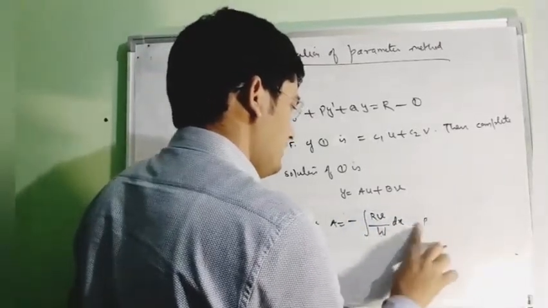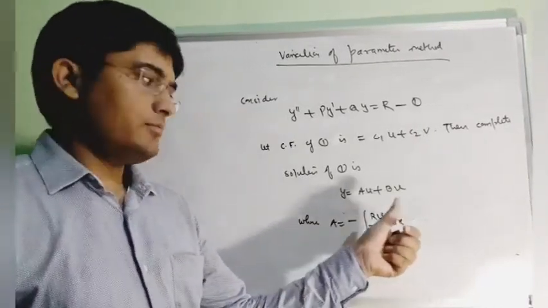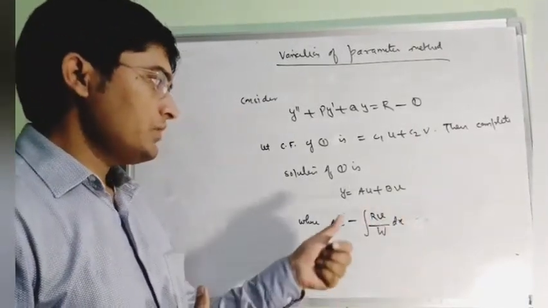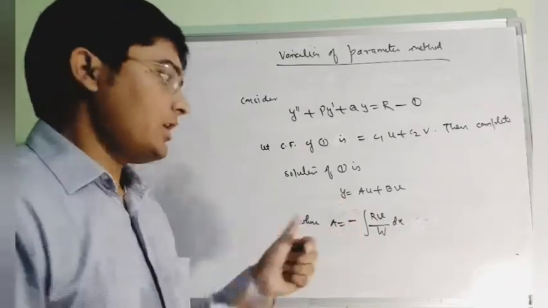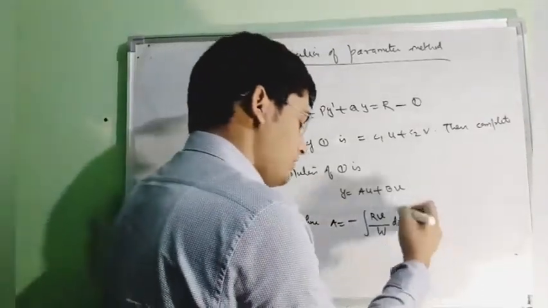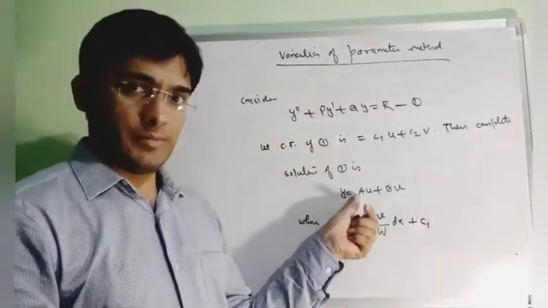And here, if we do not write a constant of integration, then we will assume this one as a particular integral. Now if you are writing the constant of integration here, then we will write it as a complete solution.